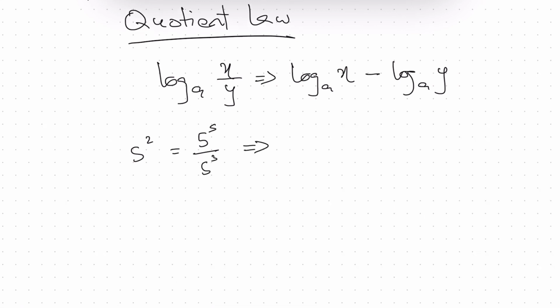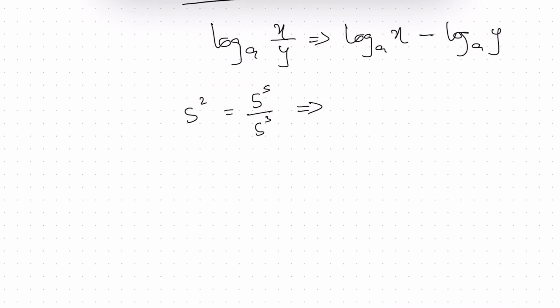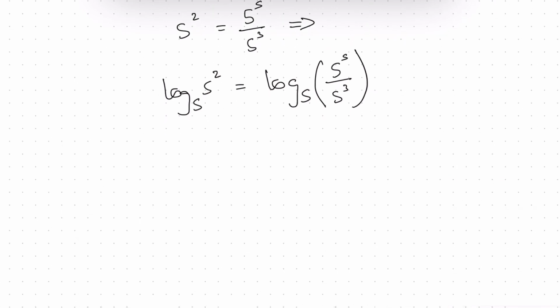Let's write this all in log form. What I will have is log 5 square equals log 5 of 5 power 5 over 5 power 3. Now I can bring this over here, and using the identity law, I know this is equal to 1.